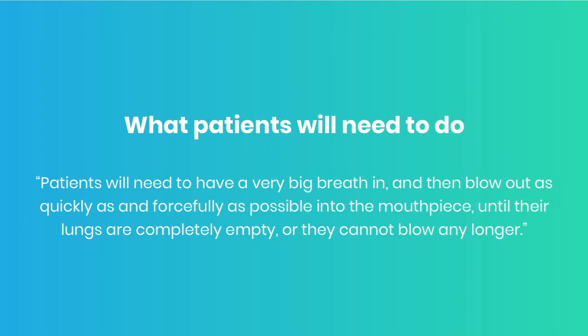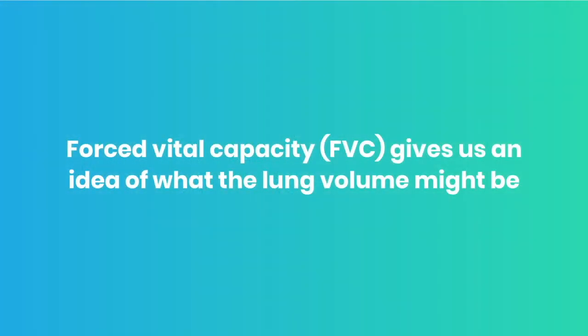So once they reach that point, the leftover volume within the chest is the residual volume, and the amount of air that they've expired, the total volume that has been expired, is their forced vital capacity.